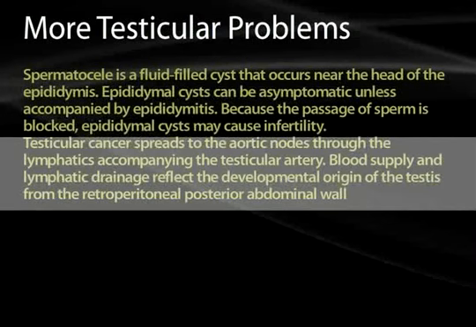Testicular cancer spreads to the aortic nodes through the lymphatics accompanying the testicular artery. Since the testes descended from the abdominal region near the T10 dermatome, cancerous cells can pass back through the lymphatic system quite quickly, and you can have a metastasis of this quite quickly.